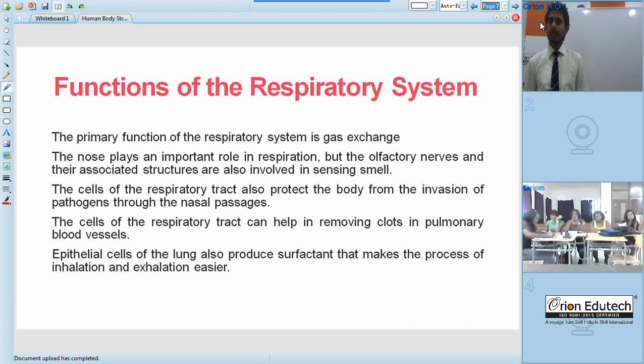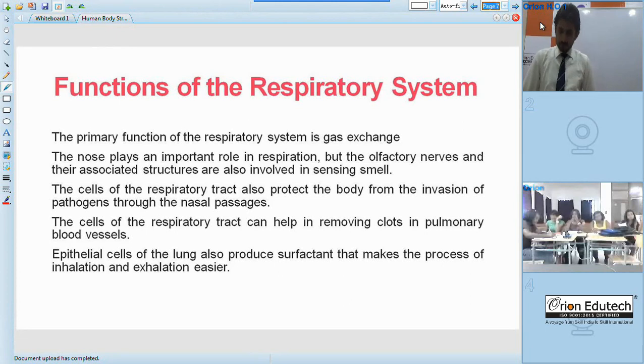The cells of the respiratory tract can help in removing clots from pulmonary blood vessels. Epithelial cells of the lungs also produce surfactant that makes the process of inhalation and exhalation easier.